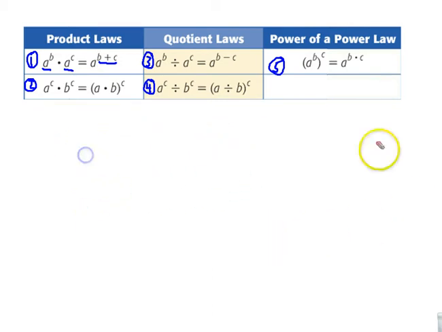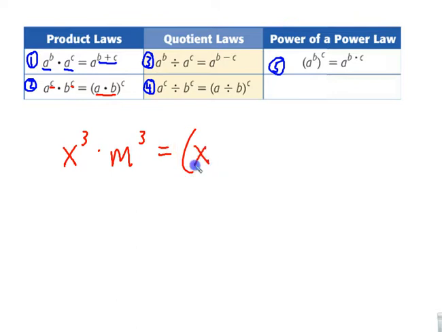Okay. Number 2. This time you'll notice that the exponents are the same. You notice what we do, we multiply the bases. So if I just want to take something like x to the 3rd times m to the 3rd, we are going to take the x times m to the power of 3, so we get xm to the power of 3.